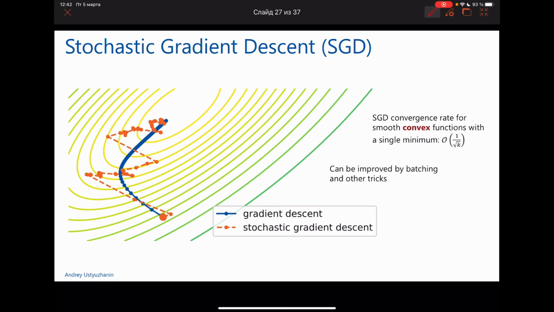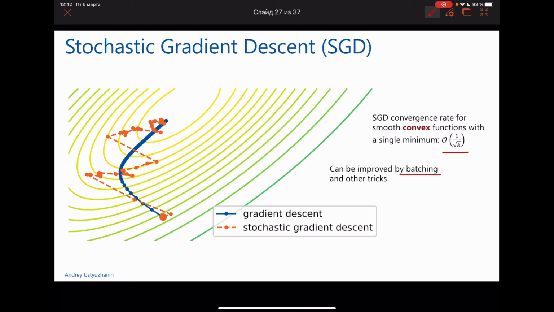So it is a mathematically proven fact that for a convex and smooth function, the error of approximation is equal to 1 over square root of k, and it can be improved by batching or momentum or other tricks.